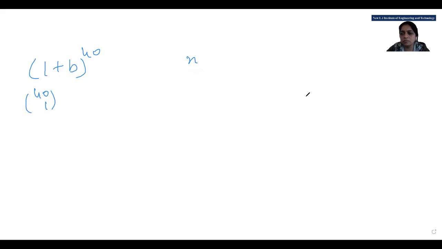Yes, Krish? nCr x raised to n minus r into some other variable raised to r, with the summation where r runs from 0 to n, right?